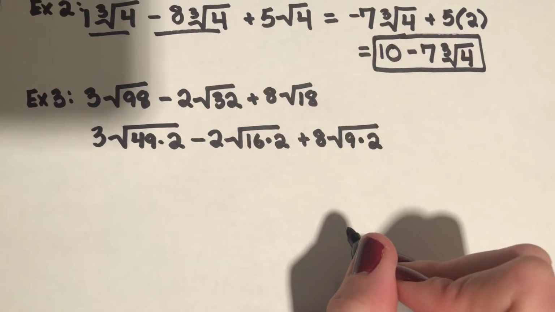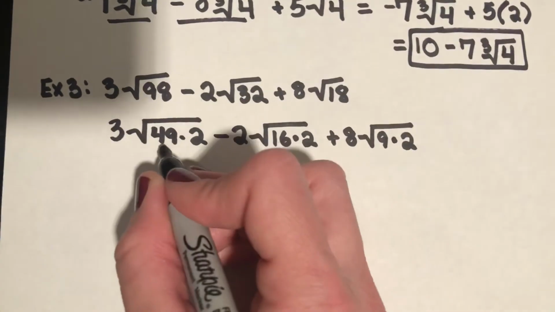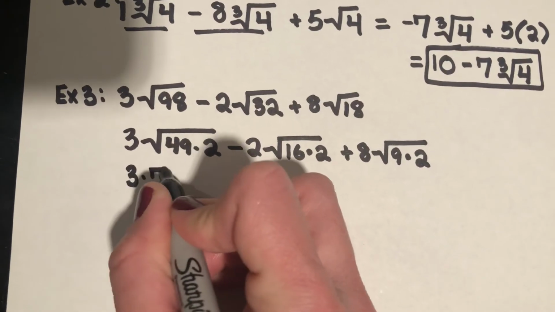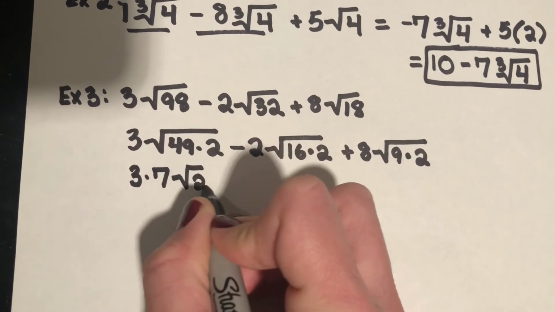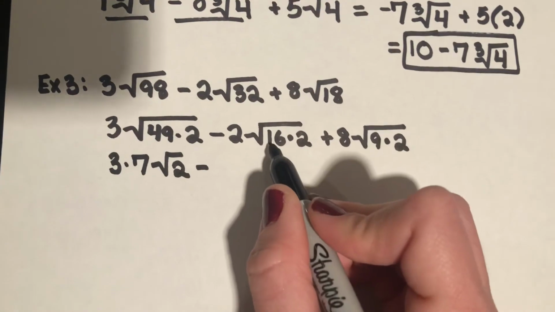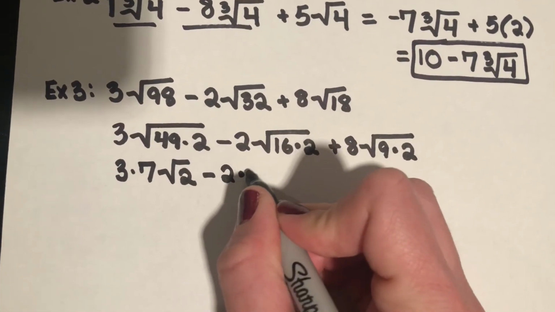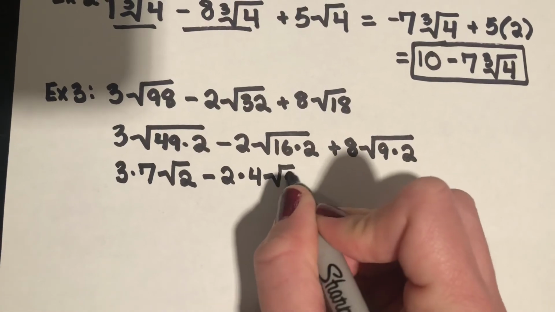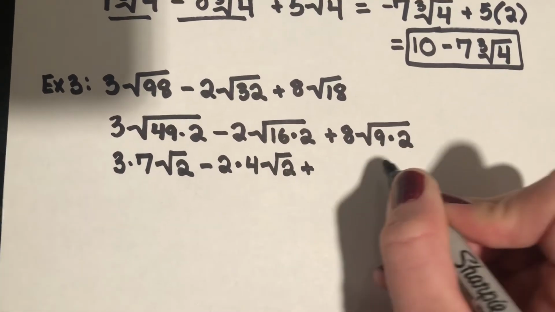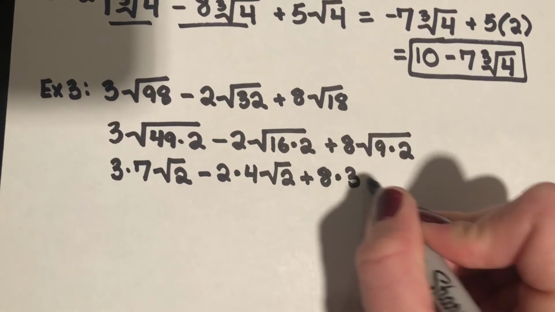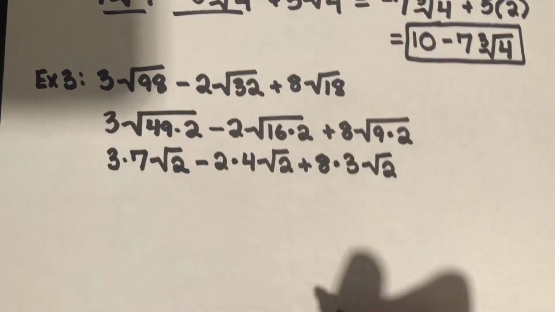And now we see how these are going to simplify, because root 49 is 7. So I have 3 times 7, root 2. Minus, well, root 16 is 4, so minus 2 times 4, root 2. And root 9 is 3, so 8 times 3, root 2.